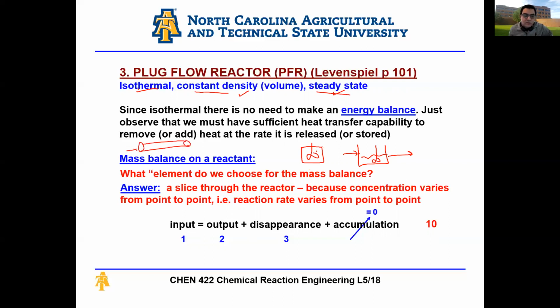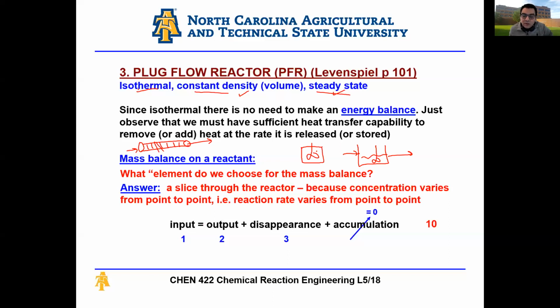We said it's like having a bunch of different elements of liquid just plugging along, pushing each other, and there is no mixing along the flow direction. So which element are we going to choose? We're just going to take a differential slice of this reactor and perform our mass balance on it, right?